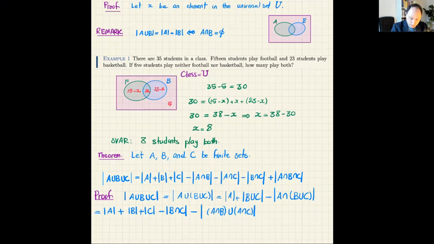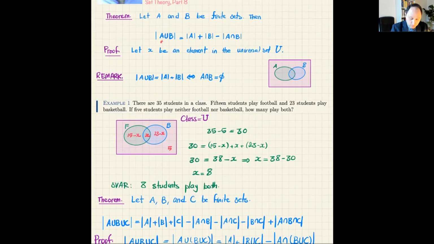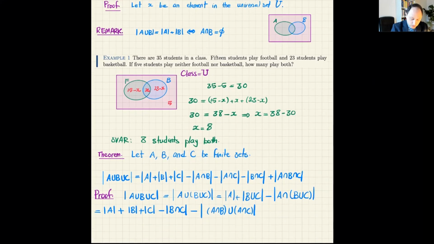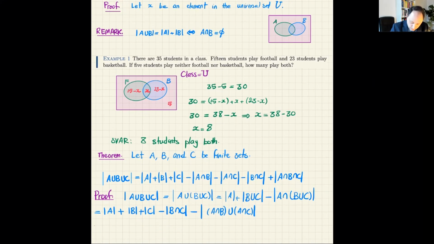Now again, the problem is solved because now this is one set, this is the second set, and I have the union between these 2. So again, I can use this theorem for two sets. Let us make it clear. Let me just write it. I just copy and paste the first parts. But now I open a pair of brackets because of this minus sign.